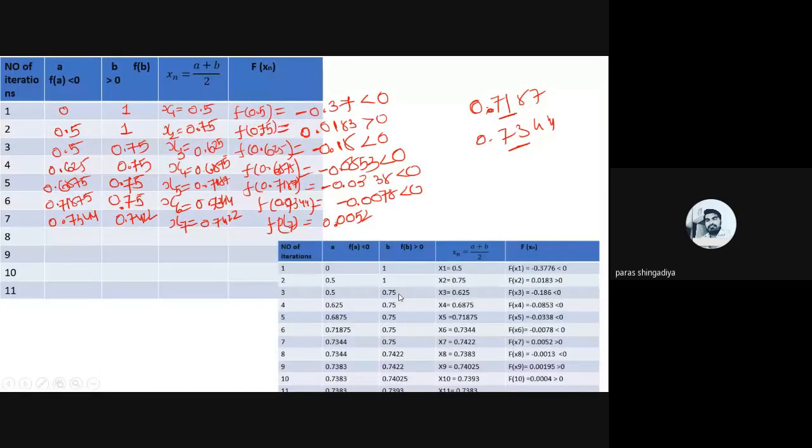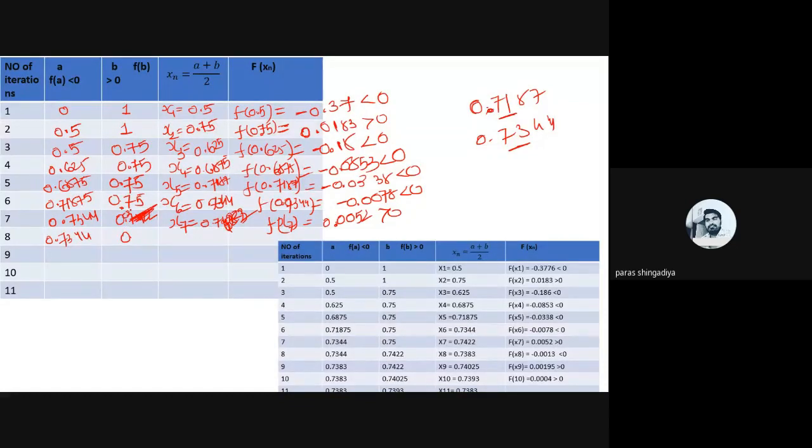You get a positive answer here, so x7 = 0.7422 will be replaced in place of the 0.75 here, and I just mention one correct value.